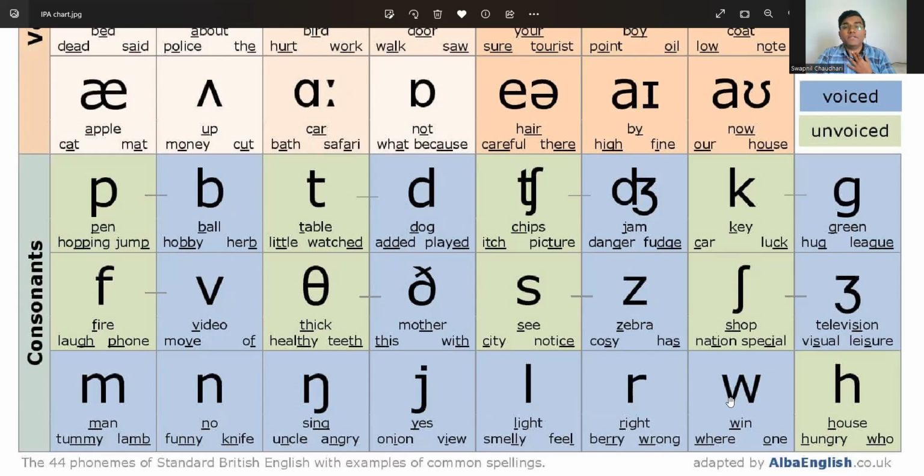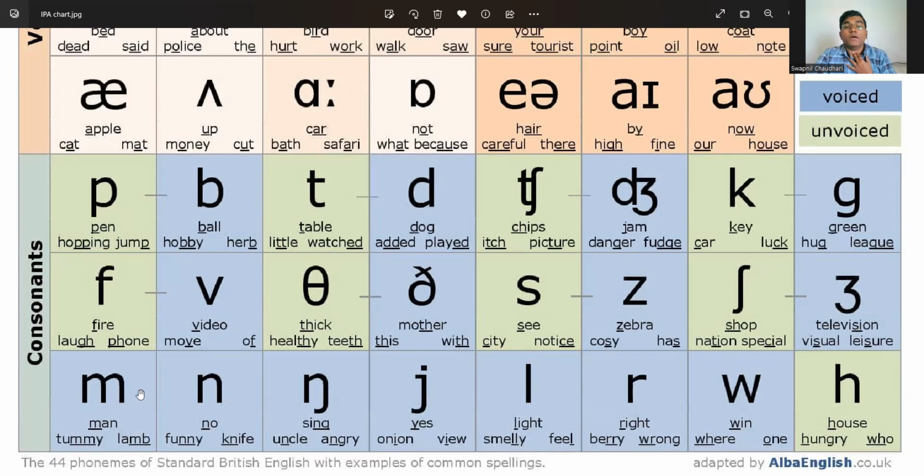Do you feel any difference? The letters in green are unvoiced. That means when you pronounce these sounds, there is no vibration happening in your throat. Compare pa with ma.